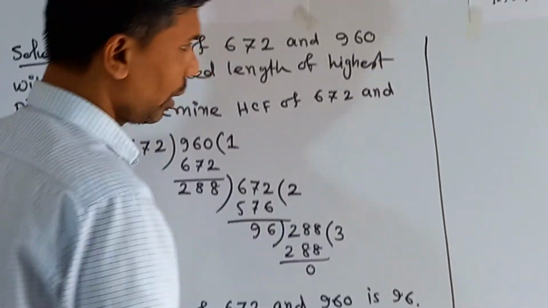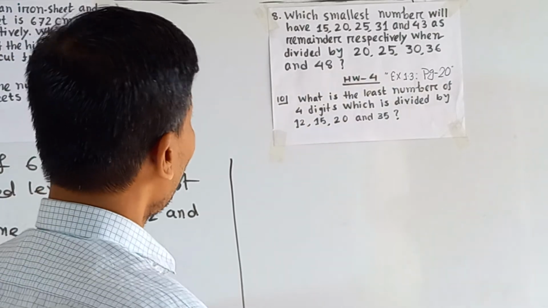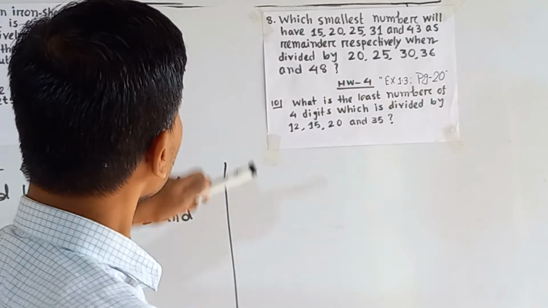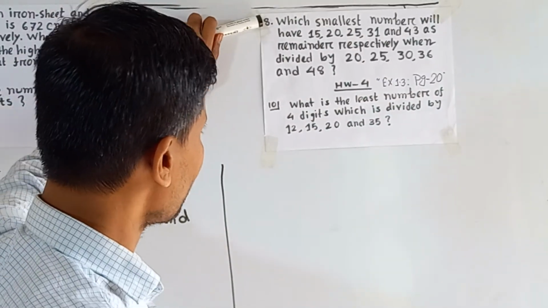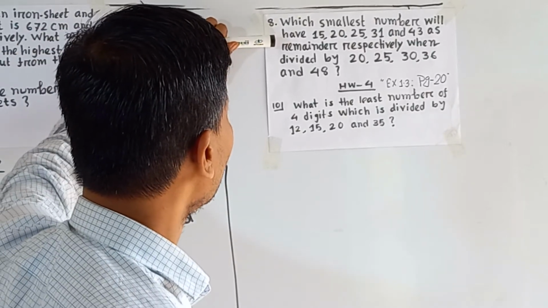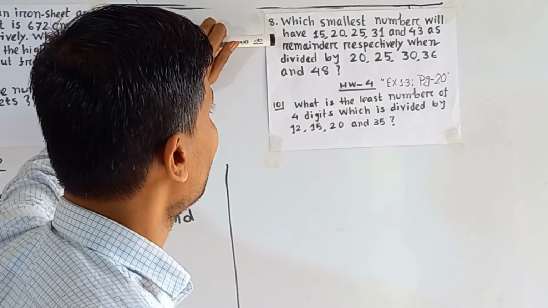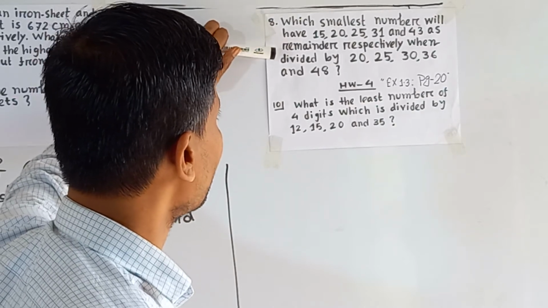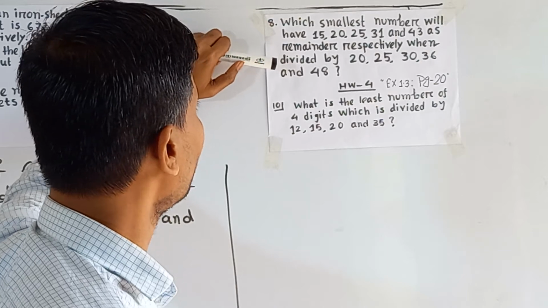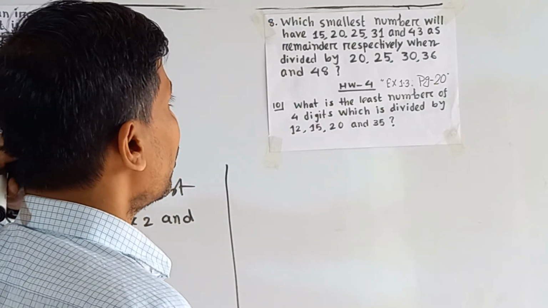Now I will solve question number 8. At first read the question. Which smallest number will have 15, 20, 25, 31 and 43 as remainder respectively when divided by 20, 25, 30, 36 and 48?